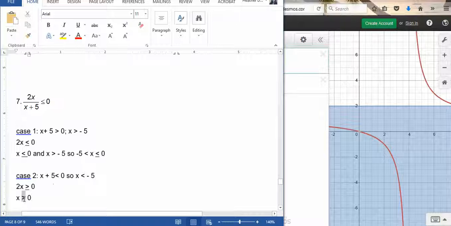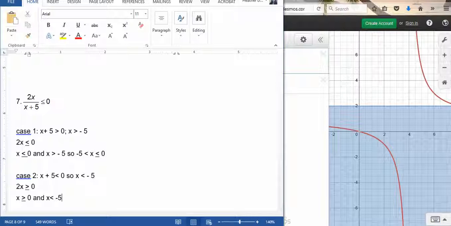But remember that the definition of case 2 was that the denominator was also negative. So both of these parts have to be true. What numbers do you have that are greater than or equal to 0 and also less than negative 5?